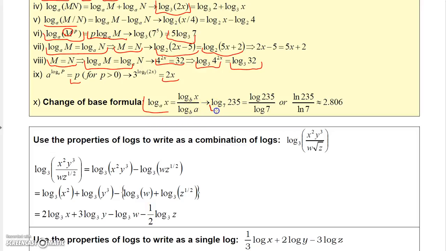So if I wanted the log of 235 base 7, I could actually use what's on my calculator, the common log of 235 divided by the common log of 7, or I could also use the natural log of 235 divided by the natural log of 7, and either one that I use will give me the same answer. To 3 decimals, it's going to be 2.806. And so in the next video, I'll do some examples of log properties and a couple of other problems.